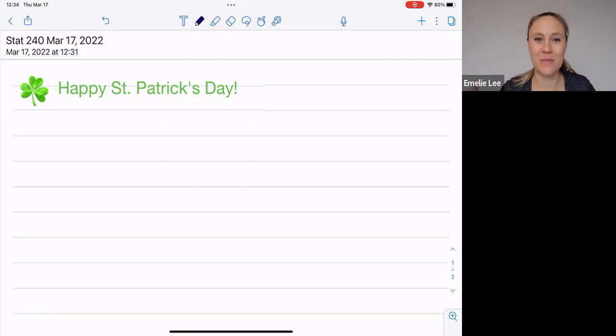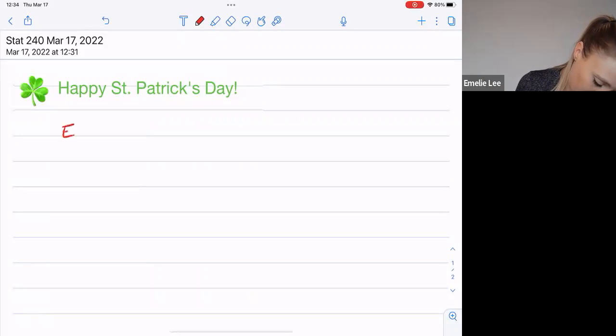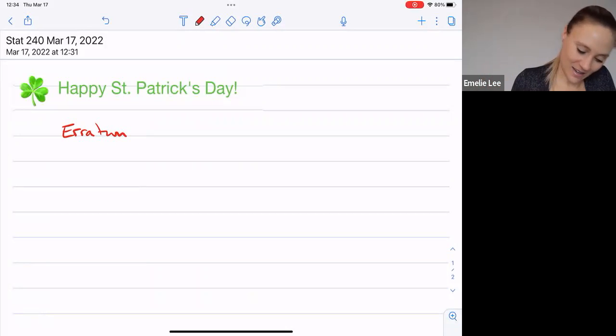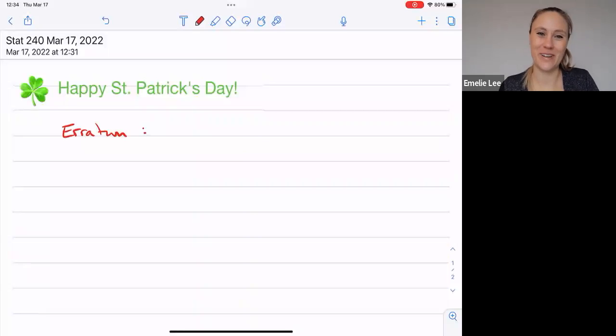I make mistakes, and to punish myself, I'm going to write it in red. Erratum. I had to look up errata. I thought errata was it, but errata is plural, and luckily there was only one mistake that I made, so it's erratum.